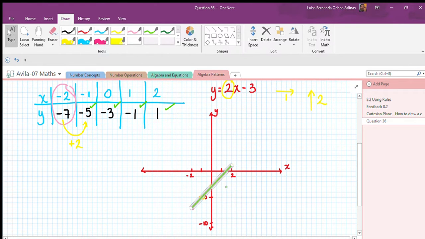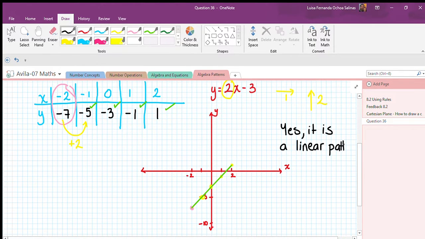And the next question is something that we haven't talked about. But it's good that you learn it. It's going to be good knowledge for you later on. So it's asking you about domain and range. No, first, before going into domain and range, it's saying, is this a linear pattern? So the answer is yes. I'm going to write it here. Yes, it is a linear pattern.